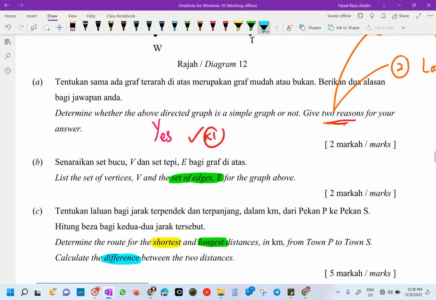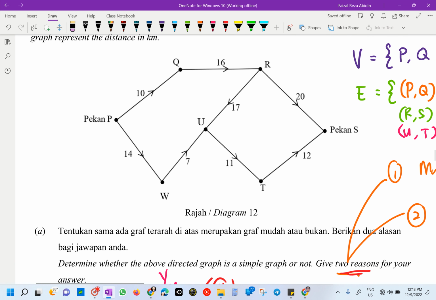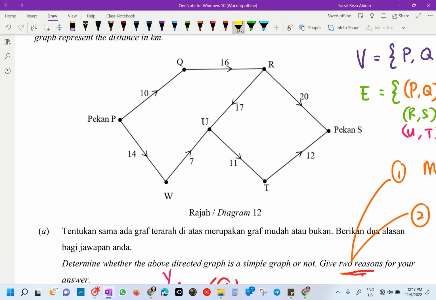Okay, if you look at our diagram, we are going to begin with the shortest first. Shortest is going to be where? P, PW, PW, U, T, S. Isn't it?